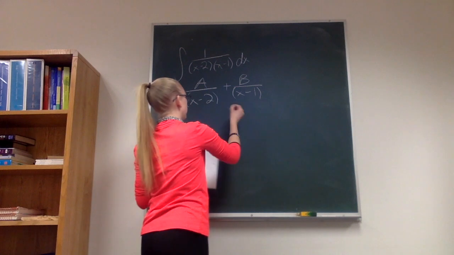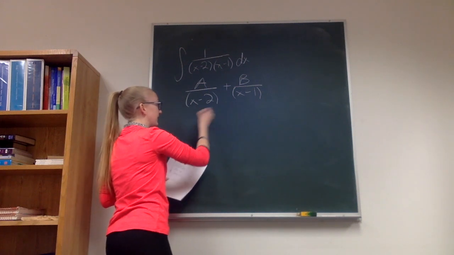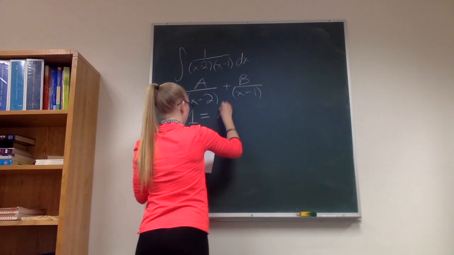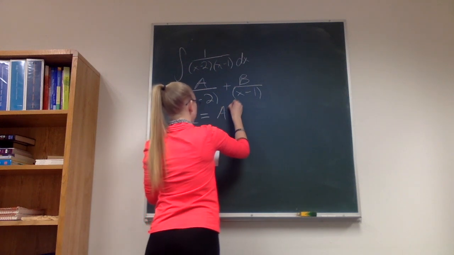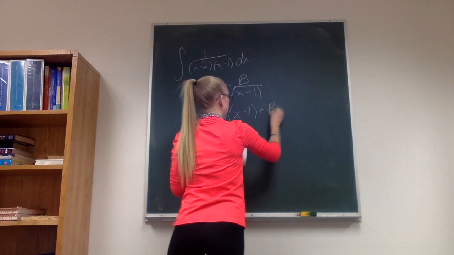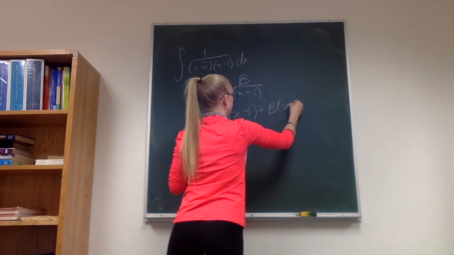But from there, you're going to do the exact same thing and solve it out. You're going to have 1 equals a times (x minus 1) plus b times (x minus 2).